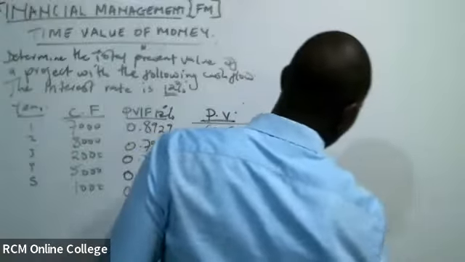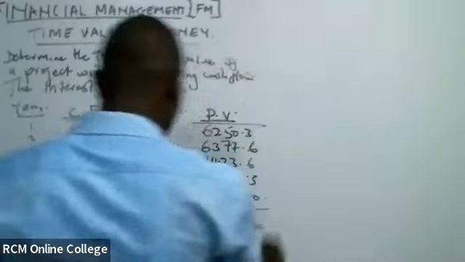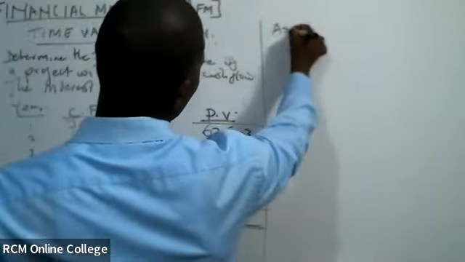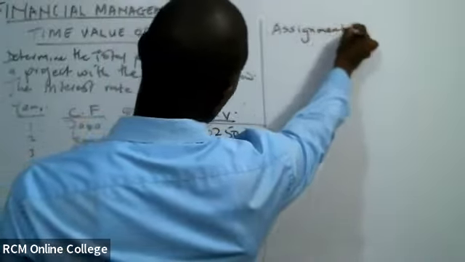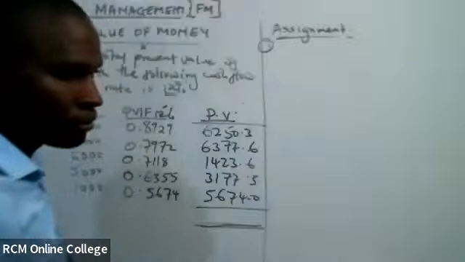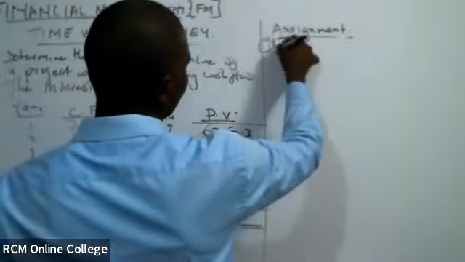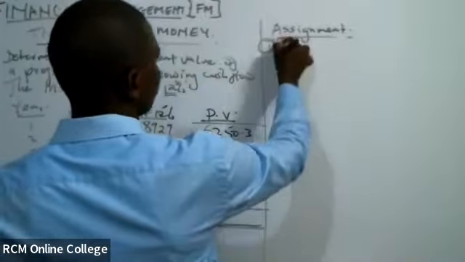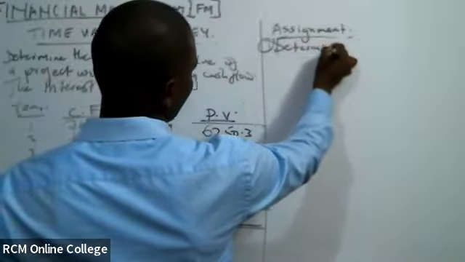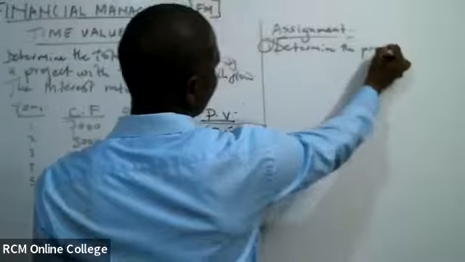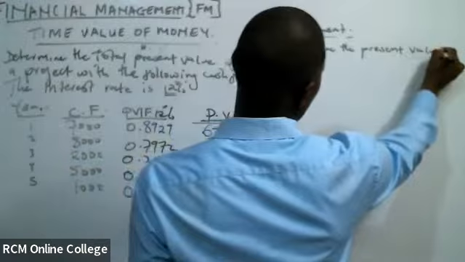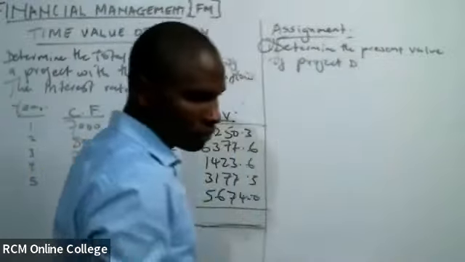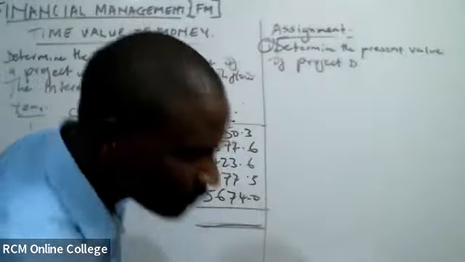And we say that we need to have two books. One for the classwork, the other one for assignments. Like for instance, now we have this assignment. Number one. 17,796.